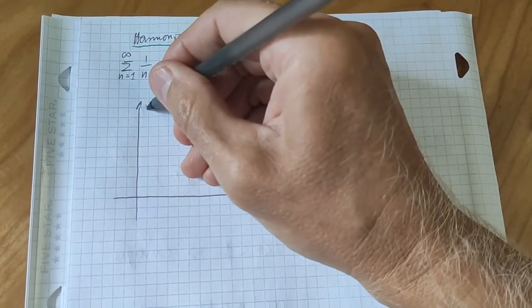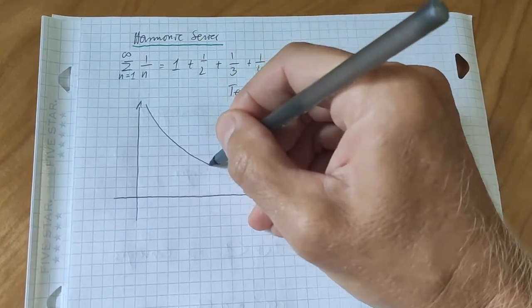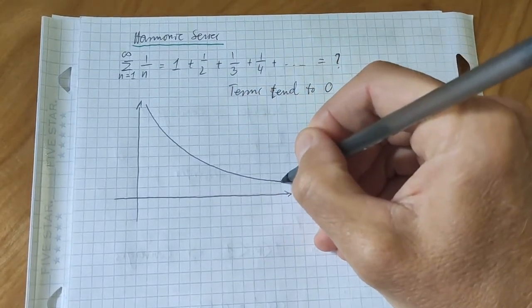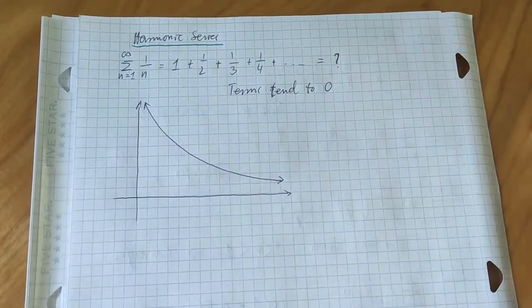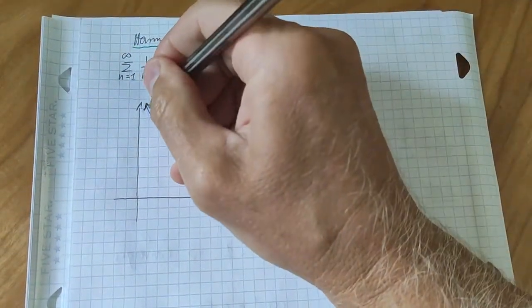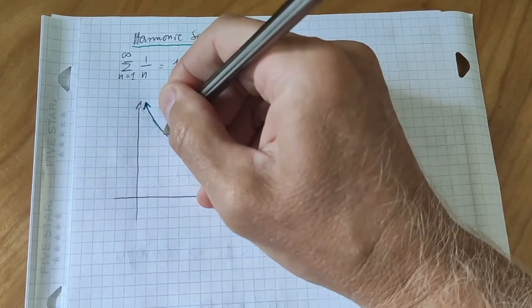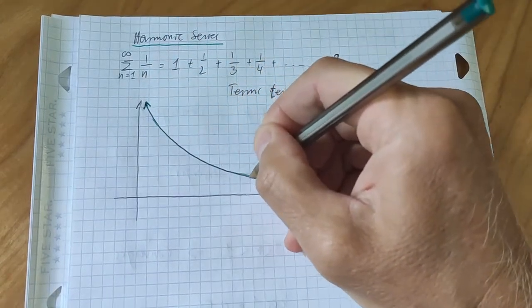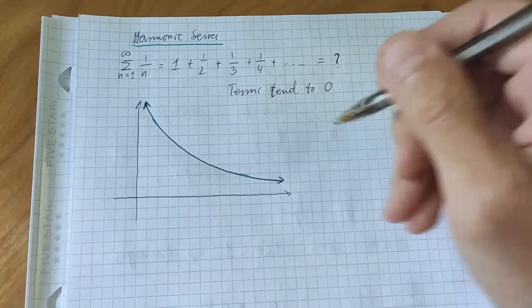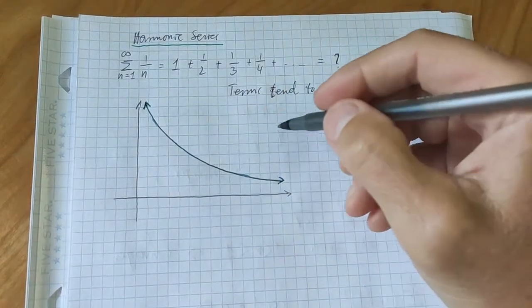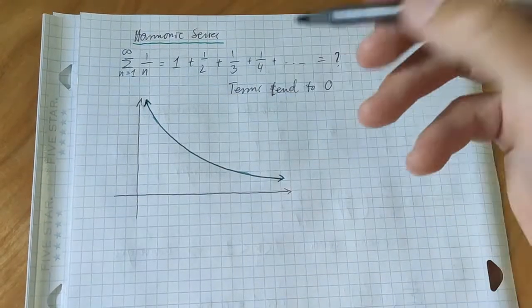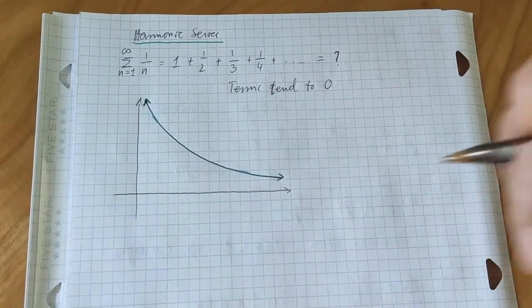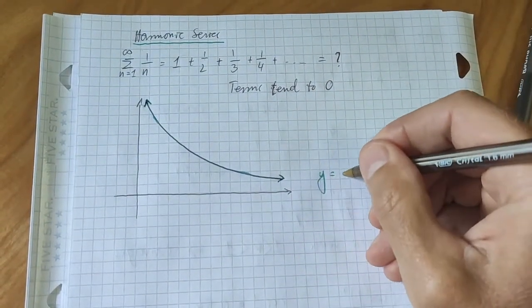So this is the graph of y equals 1 over x. Let's make it green. So now what I will do, I will form rectangles along this curve that correspond to the terms of this harmonic series. So this is y equals 1 over x.